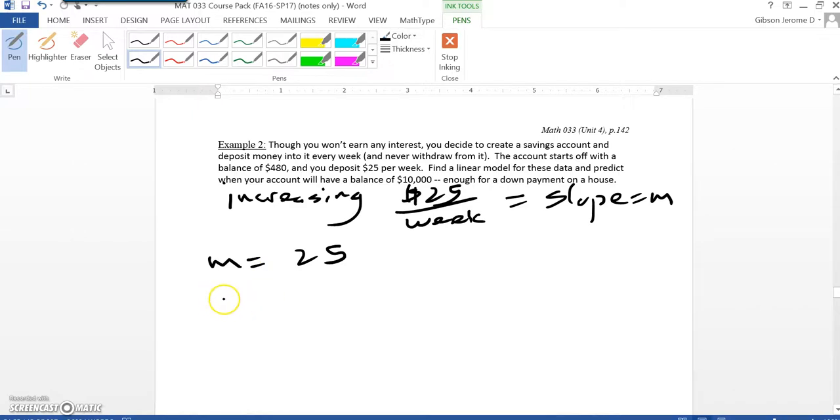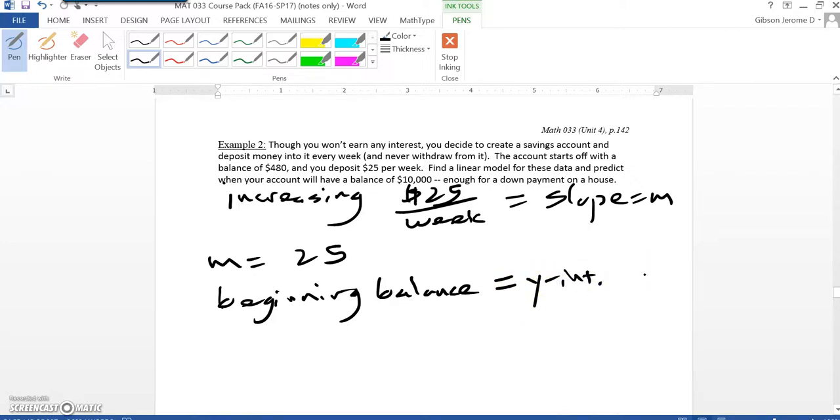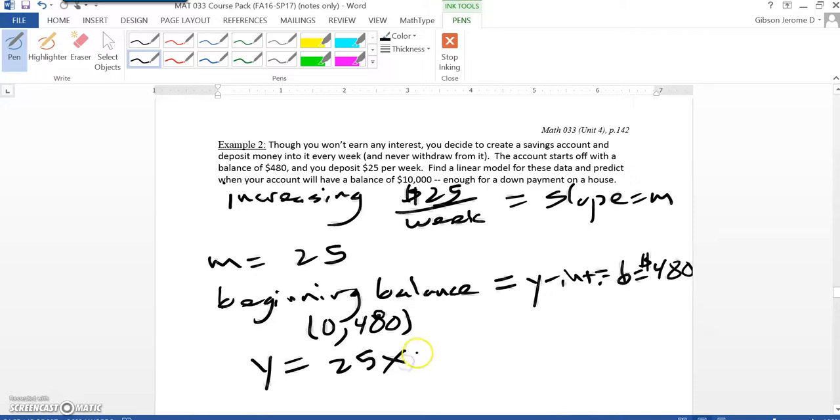Now our beginning balance is equal to our y-intercept, which is our b, which is equal to $480. So we can write that as an ordered pair, (0, 480). So now we have our slope and our y-intercept, so now we have our equation: y is equal to 25x plus 480.